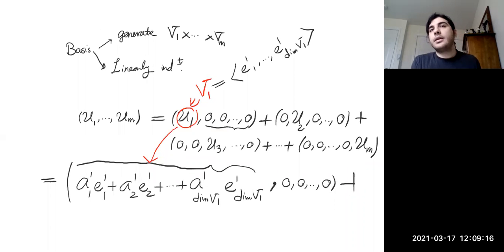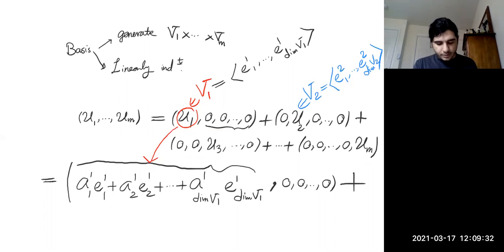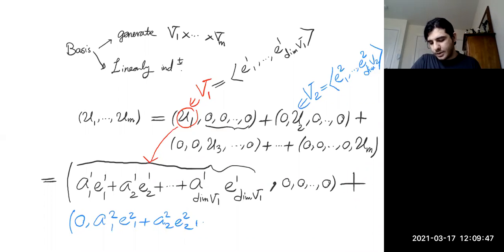I can do the same thing with u2. u2 is an element of V2, and V2 can be generated by e21 up to e2 dimension of V2. So u2 can be written as a linear combination of these vectors, with scalars a21 for e21 plus a22 e22 plus up to a2 dimension of V2 times e2 dimension of V2.